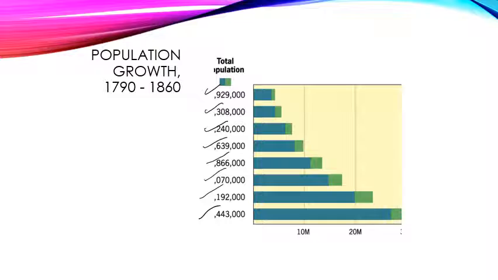This number in the last one is going to be around 31 million people by 1860. The total population is represented by the blue, and the growth in population here is represented by the green.